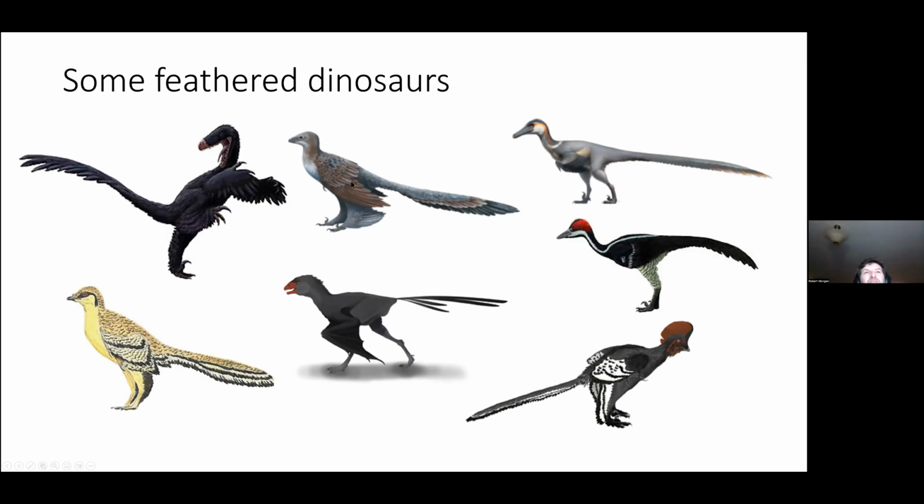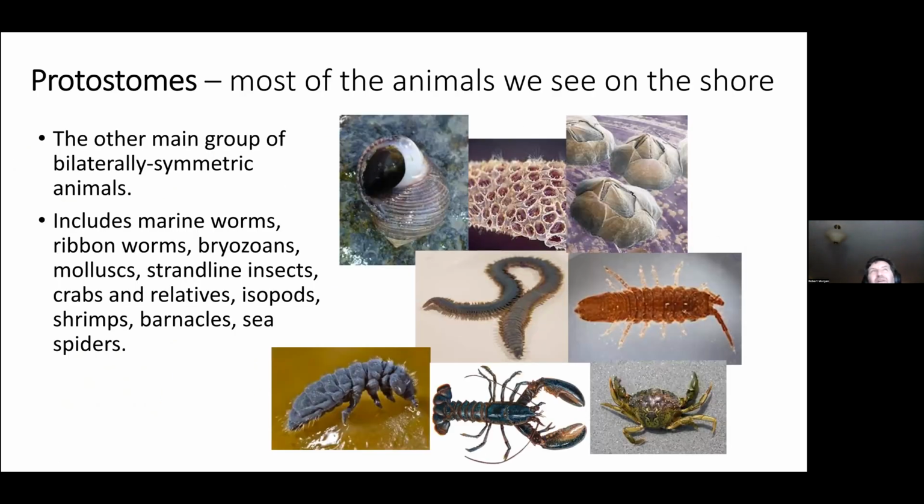They evolved feathers for purposes that maybe were not very clear. Some of them maybe were gliding things, others maybe had courtship plumage, or it enabled them to run faster by flapping feathery arms or something like that. But these are feathered dinosaurs, not actually birds. Just a slide I put in for amusement, really, because our ideas about that have changed a lot in the last 20 years or so.